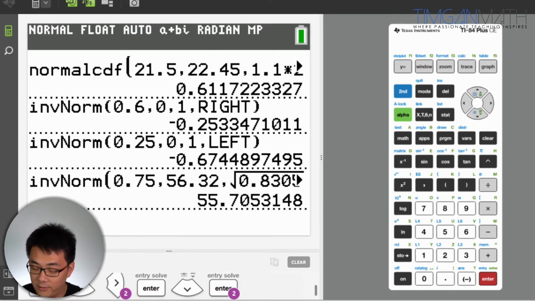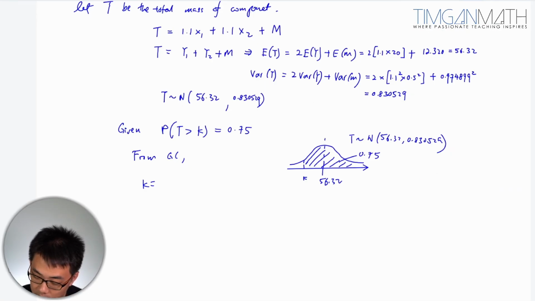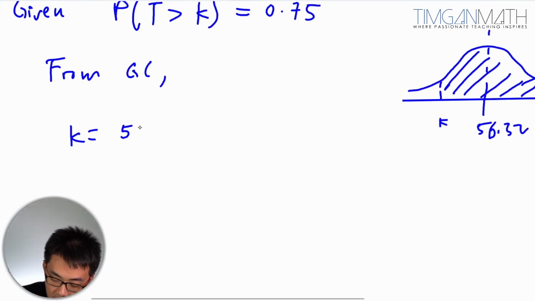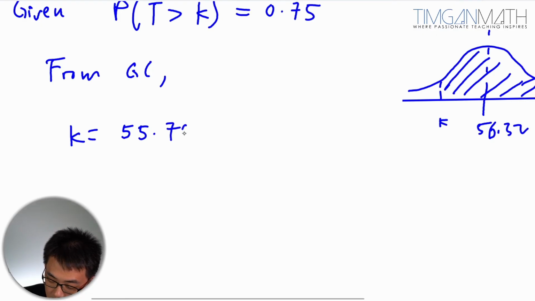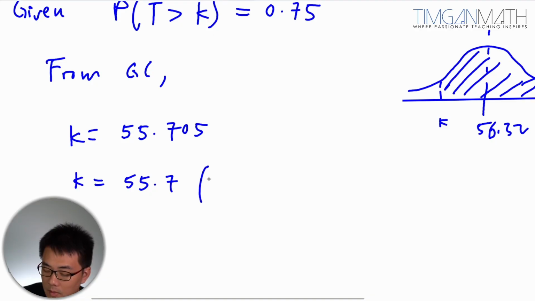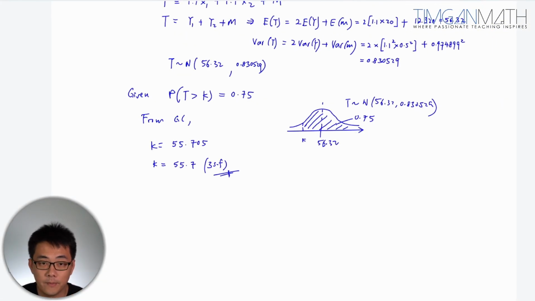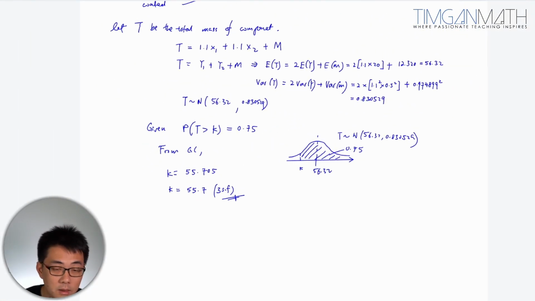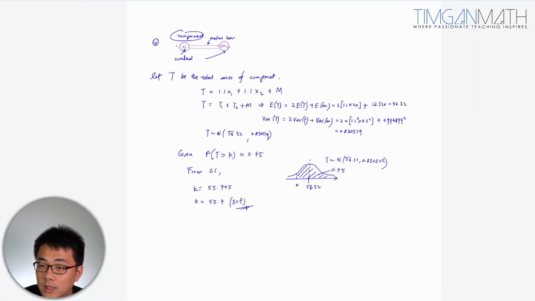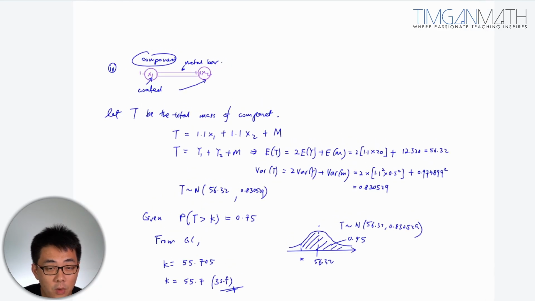So we get 55.705. This will be 55.7. Alright. We can probably put it as k. There you go. So that's how you do this question proficiently. If you have any questions or comments at all, please let us know and I'll see you in the next question.